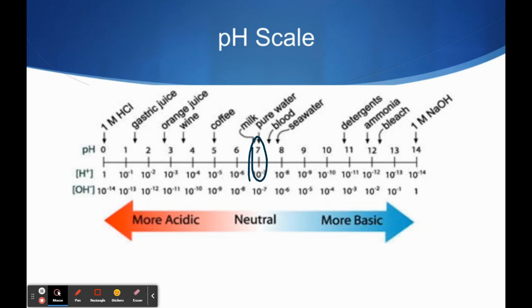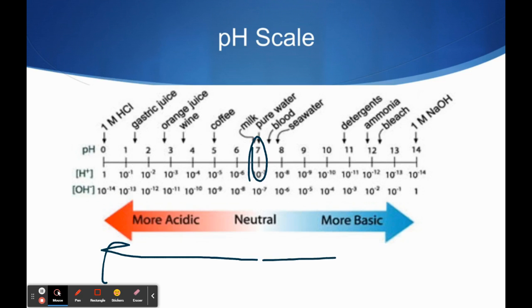So as we go lower on the pH scale, we become more acidic. So coffee has a pH of about 5. Orange juice is just less than 3. Gastric juices, which are your stomach acids, are between a pH of 1 and 2. And then 1 molar HCl would be a pH of 0.